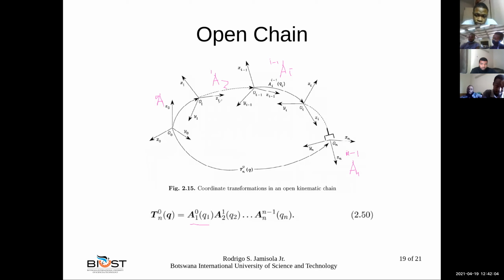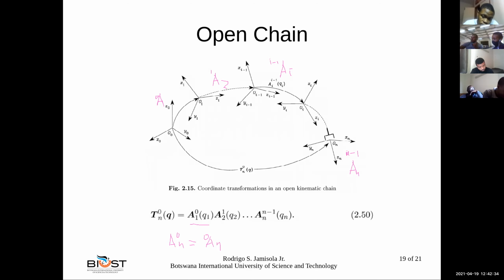So keep on multiplying, because in that case you post multiply, since you transform based on the new reference frame. You transform until you get a total transformation, which we can call the transformation from 0 to n.